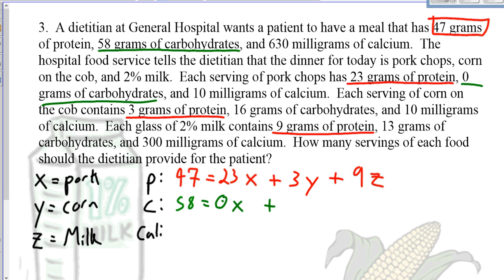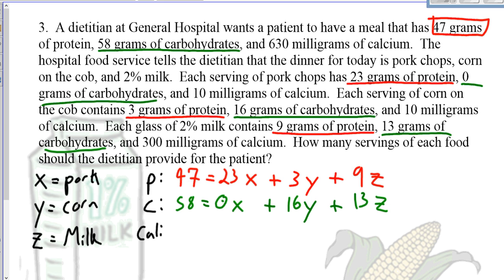And then how much do I get from my corn? I should get 16 carbohydrates from my corn. Plus, how much do I get from my milk? Well, I get 13 grams of carbohydrates for my milk.